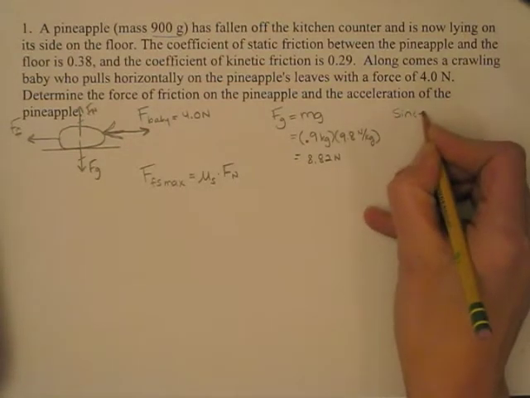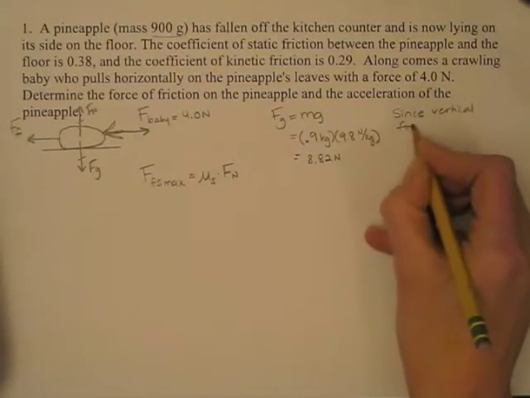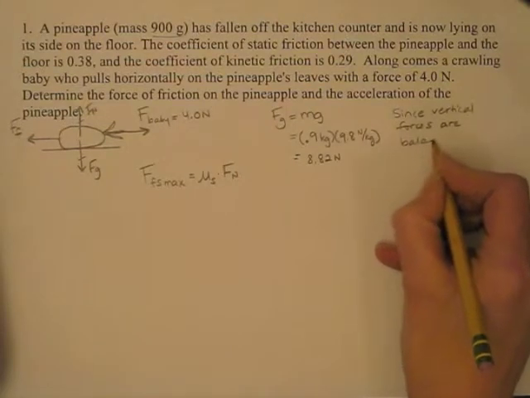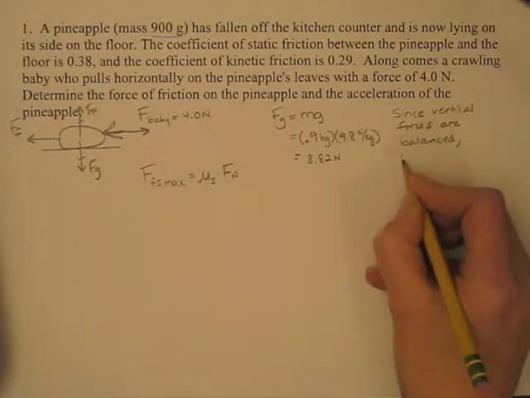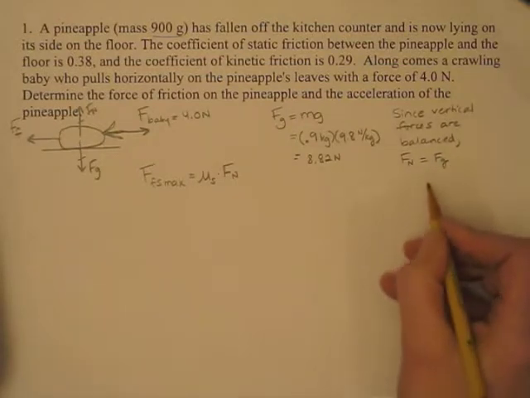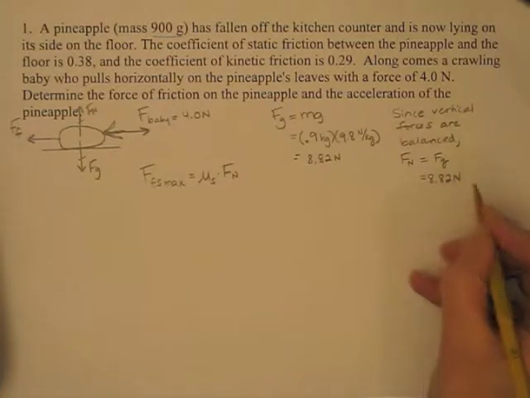And then since the vertical forces are balanced, I know that the normal force must be equal to the force of gravity. And the force of gravity was 8.82 newtons.